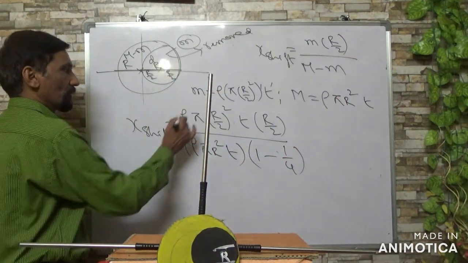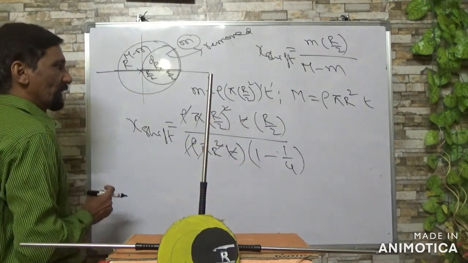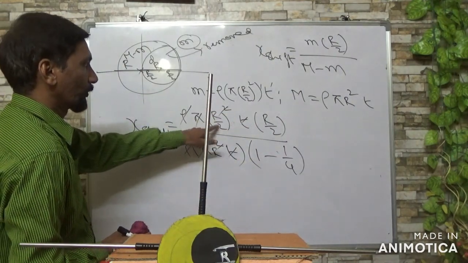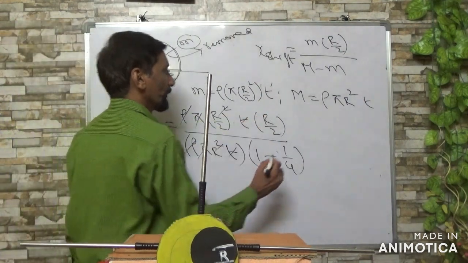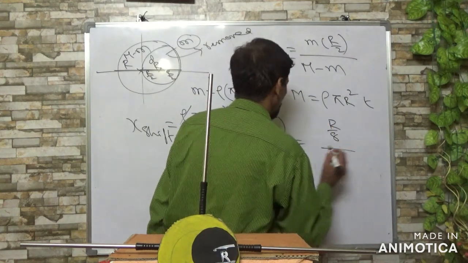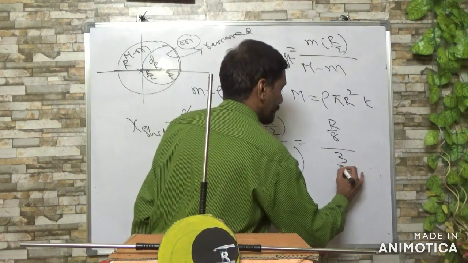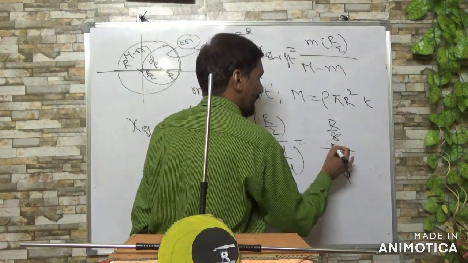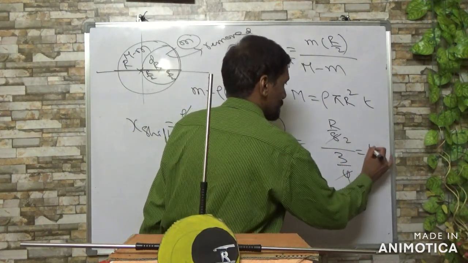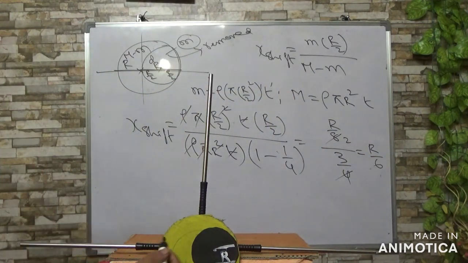So rho pi r square t cancels, 1 by 4 into 1 by 2, it is nothing but 1 by 8 into r, by 3/4. So 4 divides 8 two times, so you get r by 6. That means the center of mass will be shifted towards the left side by r by 6.